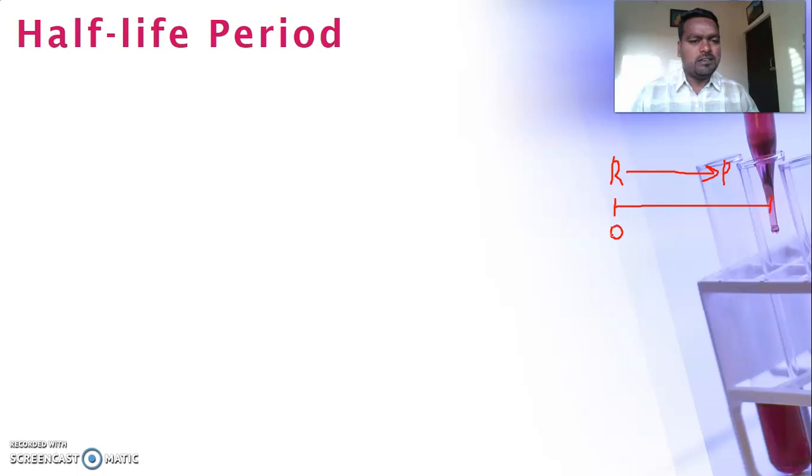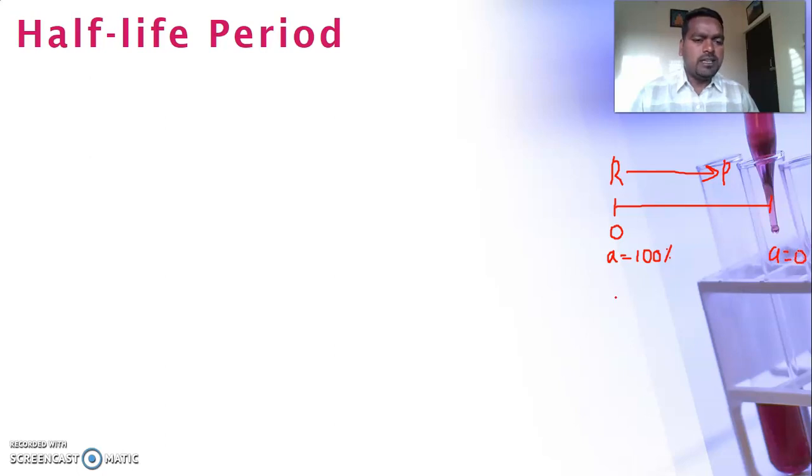At that moment the concentration of the reactant is 100% because no reaction has started and no reactant is converted into product. As the reaction goes on, it gives product, and at the end the concentration of reactant becomes 0.